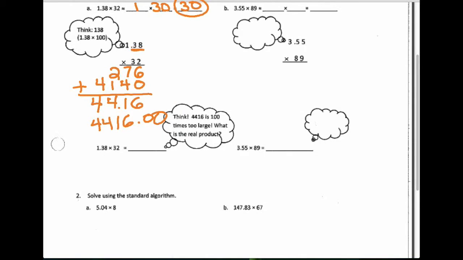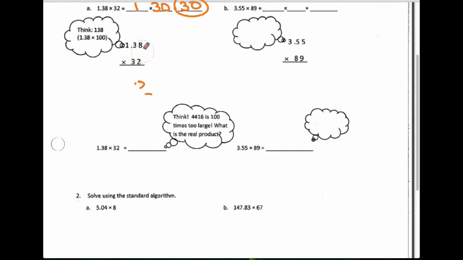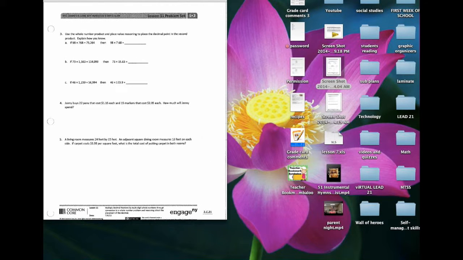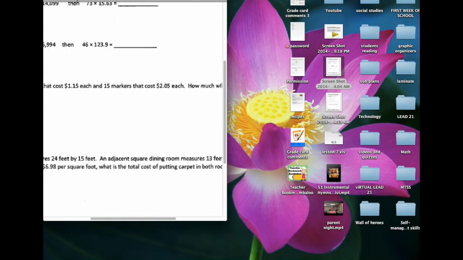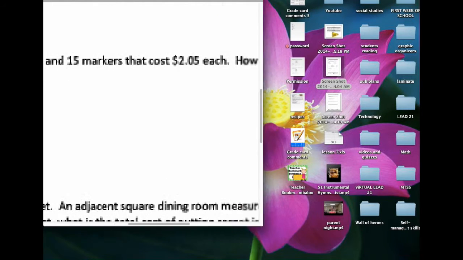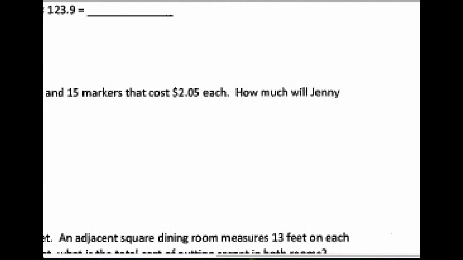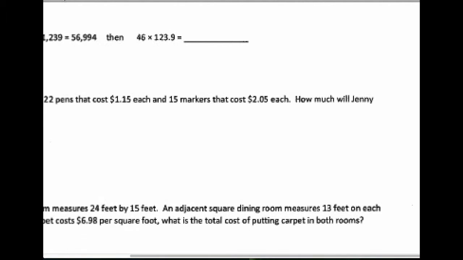So here's what we're going to do. After I go over another problem, we're going to start working on their homework, and we're going to click in our answers. At some point, it's just too big, isn't it?